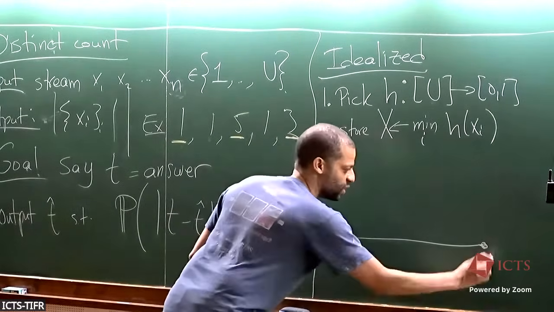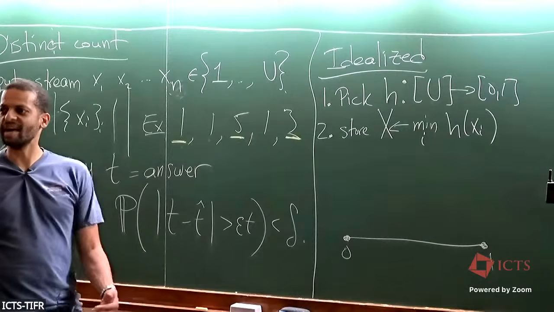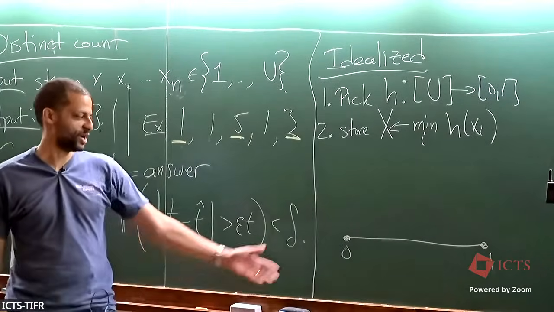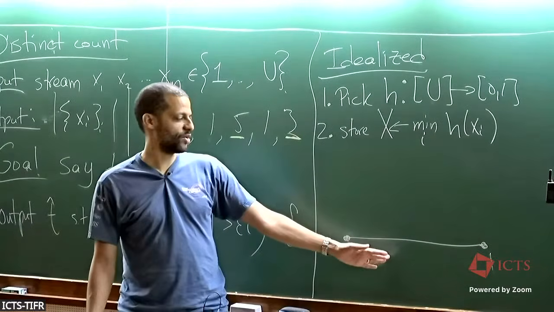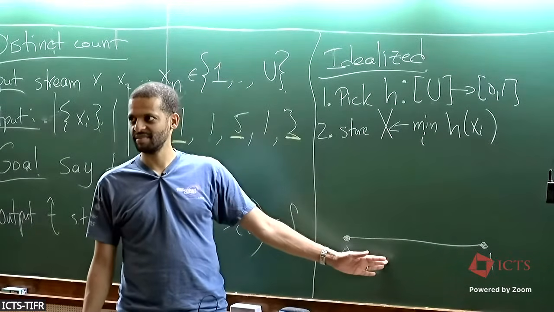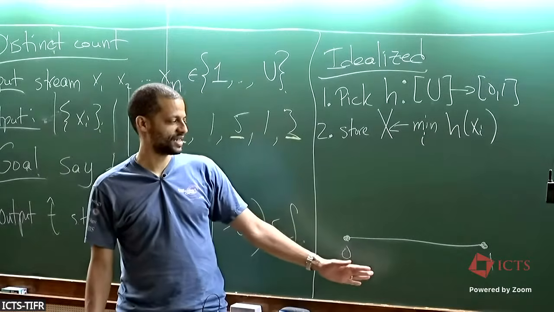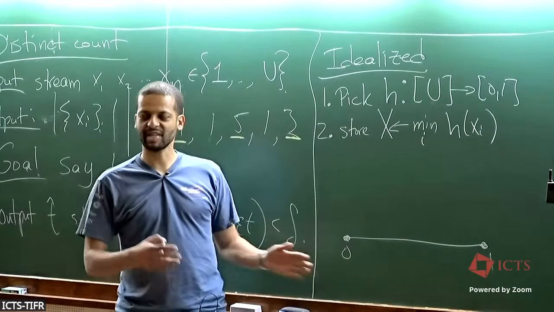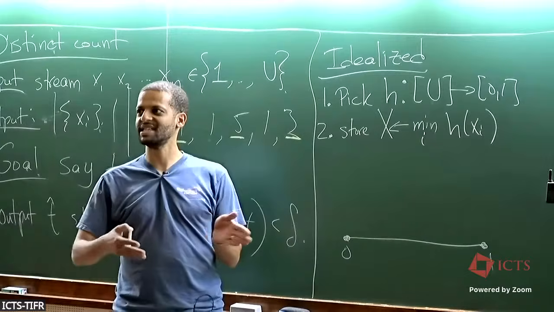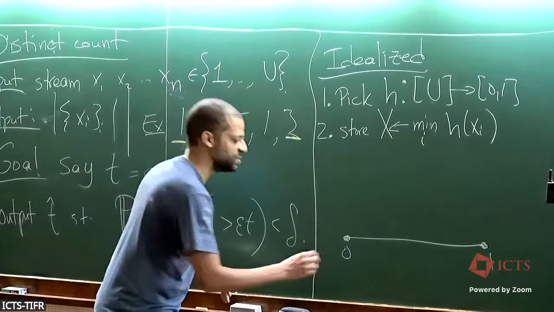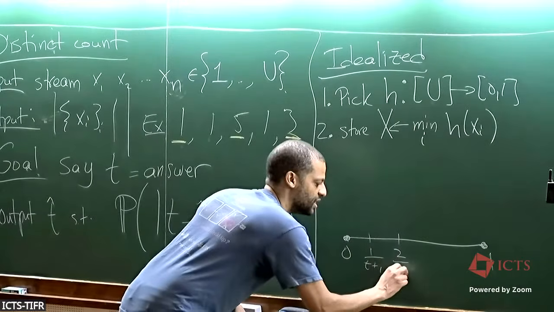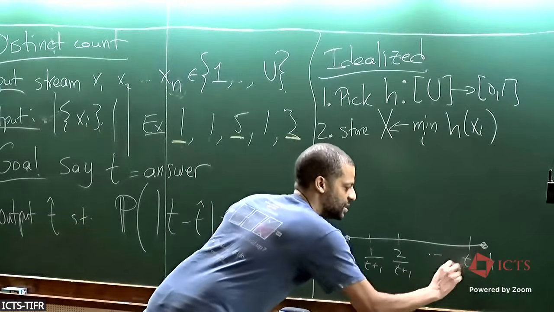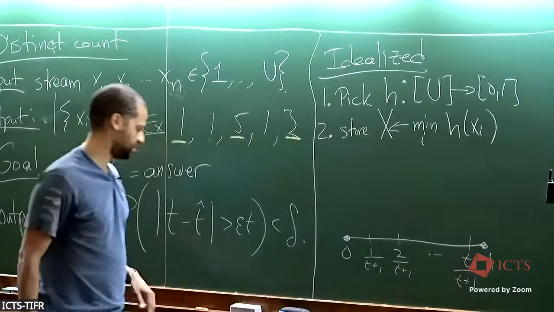Here's 0, here's 1. If I only had 1 element in the stream, where do you expect its hash value to be? You expect it to be a half. In general, if you have t distinct elements in the stream, what do you expect the picture to look like? You expect those t hash values to be evenly spaced in the interval from 0 to 1, which means they're going to be at 1 over t plus 1, 2 over t plus 1, all the way up to t over t plus 1, right?